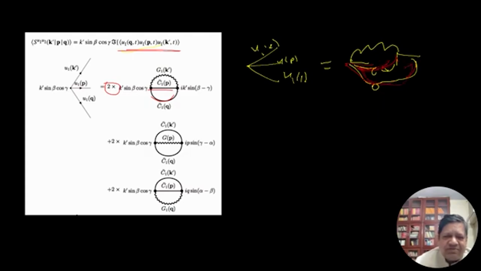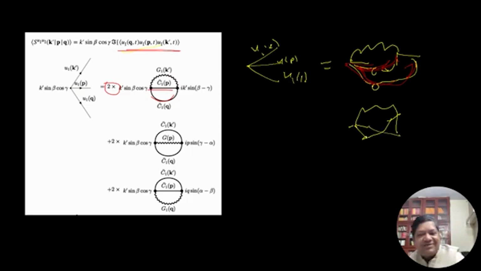But it's also possible, so let's use this yellow color, this one here and here and here and here. So I could combine this one and this one, and they will give the same combination, C1P and C1Q. So that's why there are two combinations, and both of them will give equal contribution, so this factor 2.